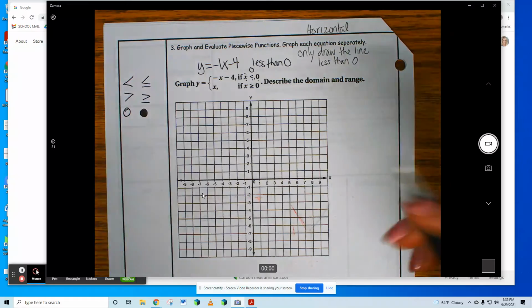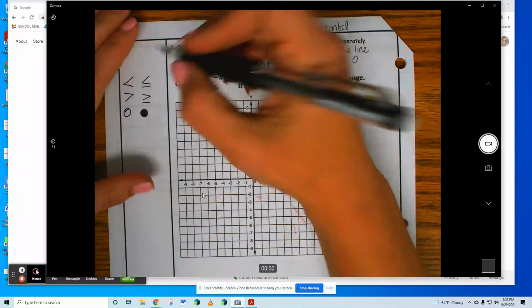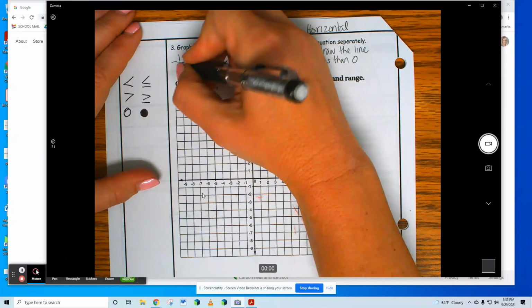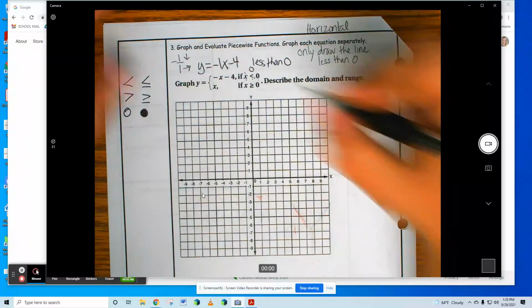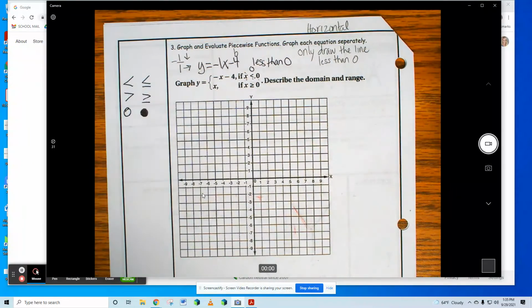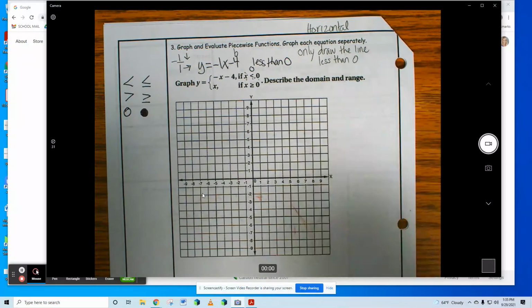All right. Let's graph this line. Negative 1x minus 4. Negative 1 over 1 is my slope. Down 1, right 1. Negative 4 is my b. It's my y-intercept. All right, graph this line. Begin at negative 4.